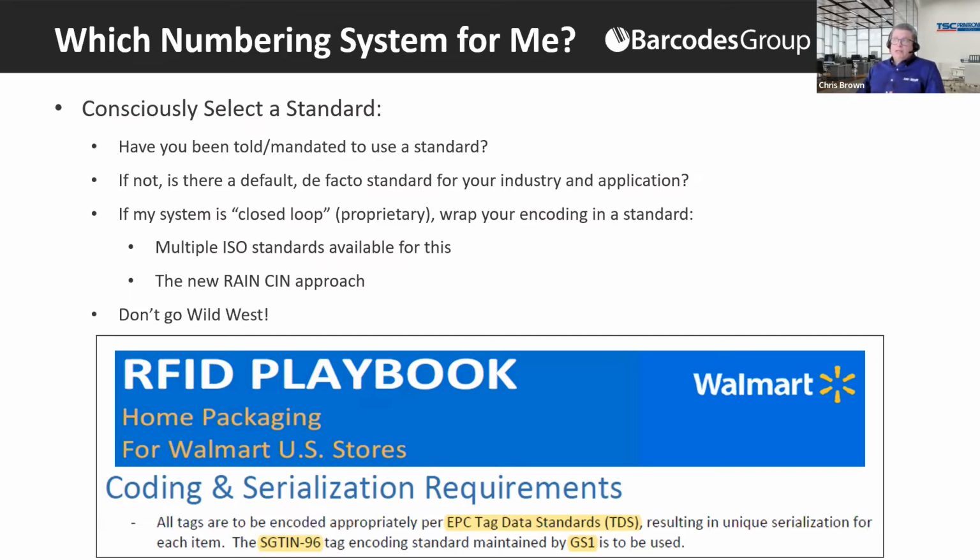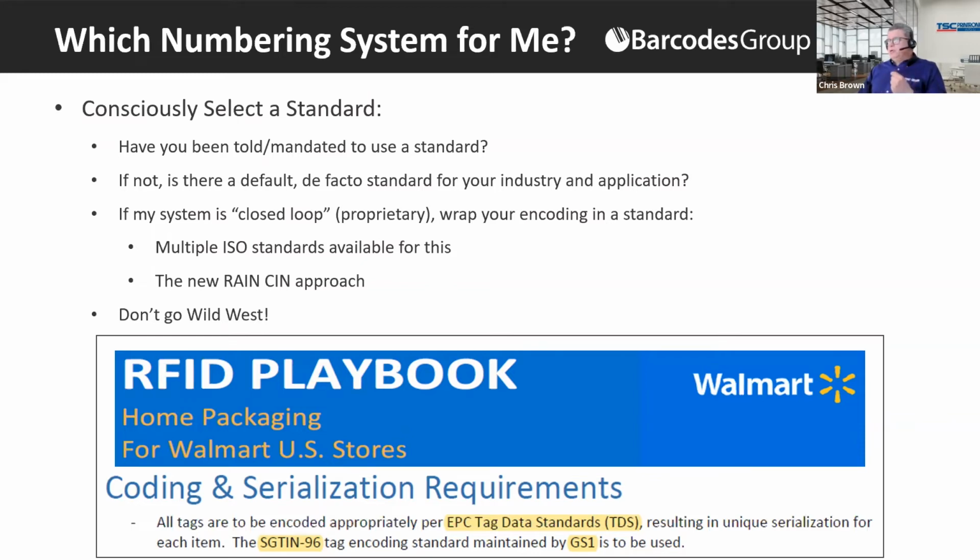That's nice when somebody mandates or tells you what you have to encode, because it answers all the questions for you. But if you have not been mandated to use a specific standard, then you need to go out and look if there is sort of a default or de facto standard out there that is getting used for your industry and application. Example would be automotive parts.